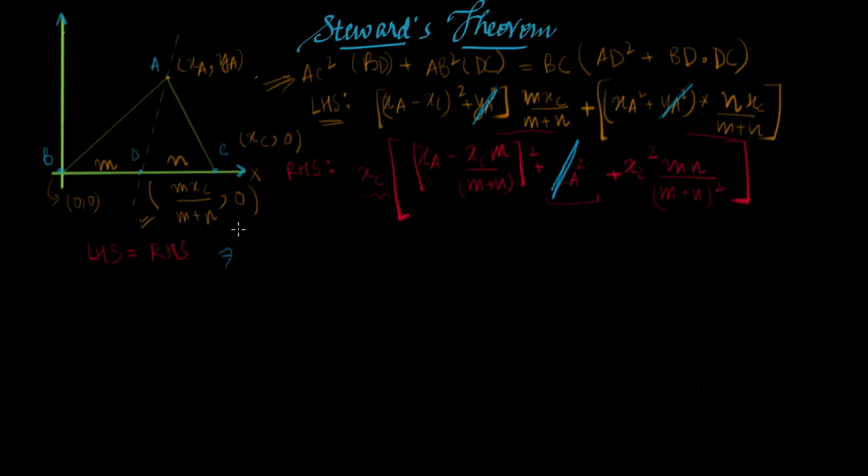So we notice that we have (xa minus xc) whole square, m times x.